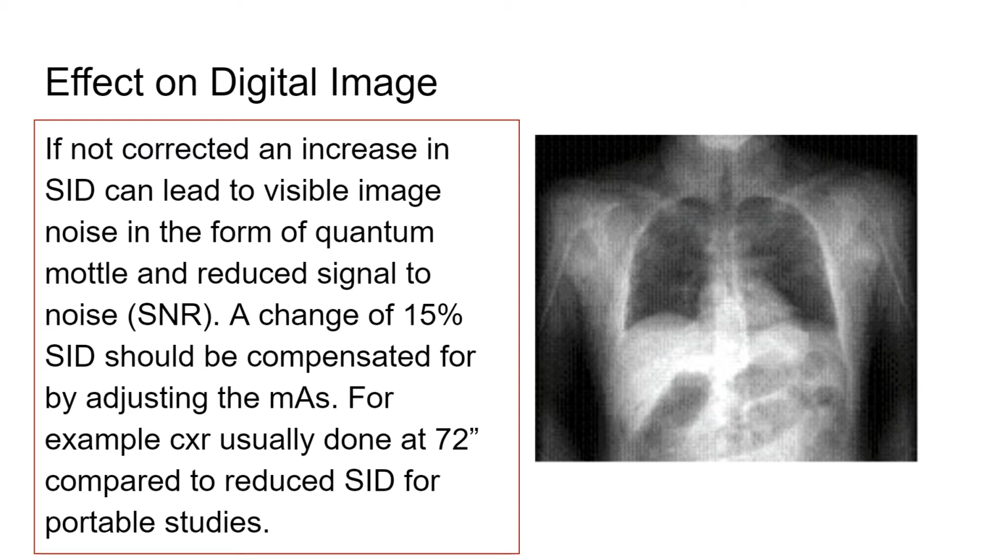And again, when it comes to SID, I mentioned it earlier, so I'll just say it briefly again since we're on this slide. Unless your SID changes by about 15%, you shouldn't need to change your technique. Two inches off of your SID is not going to change anything.